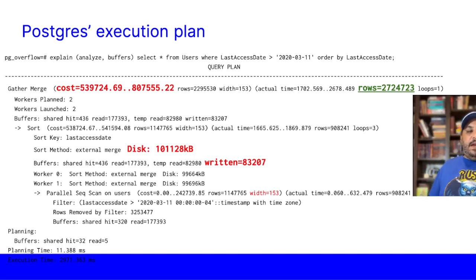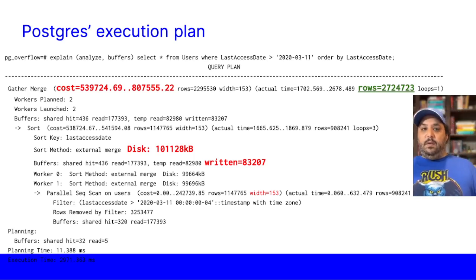And there's a little hint I've highlighted here. You see that width equals 153. The width column is not something that you typically focus on, but it's sometimes worth taking a look at. That is actually the number of bytes that are needed in order to return the non-metadata columns in the pages that we're looking at.